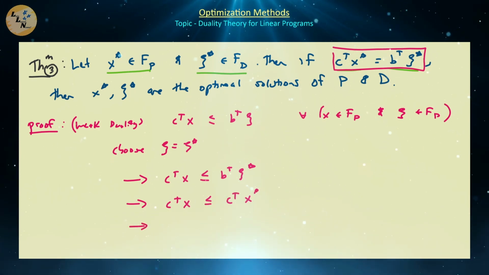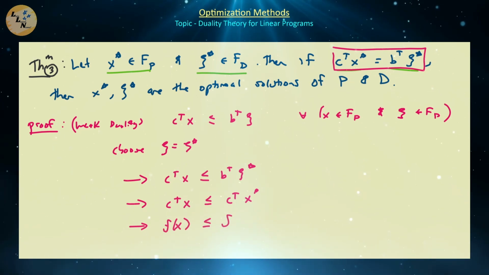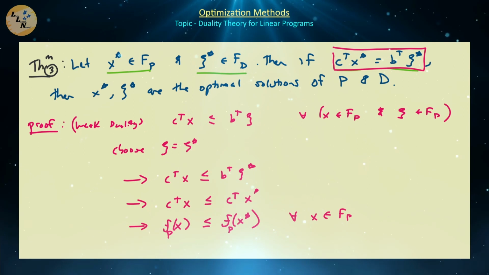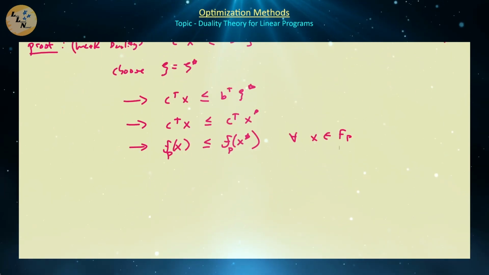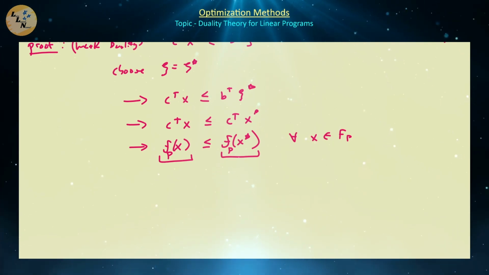If we look at this from the objective point of view, that means f of x is going to be less than or equal to f of x star, and keep in mind this is the primal objective function, and this is going to be true for all x in the feasible region of P. Notice that we're comparing the same exact functionals, fp to fp, and this is a particular number, and this is a set of values. So that means fp of x star is an upper bound for all of the values which fp can take, provided that x star, of course, exists.